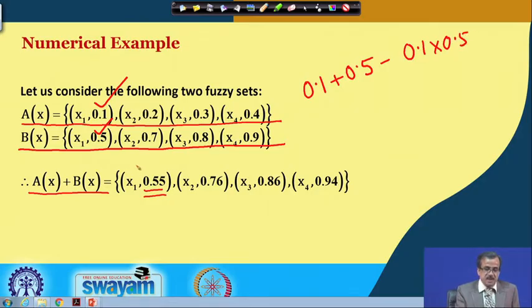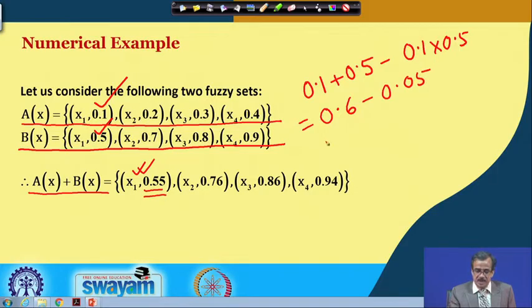So, that will be actually the mu corresponding to this particular x 1. So, this is nothing but 0.6 minus 0.05, and this is nothing but 0.55. So, corresponding to x 1, we have got the membership function value 0.55.